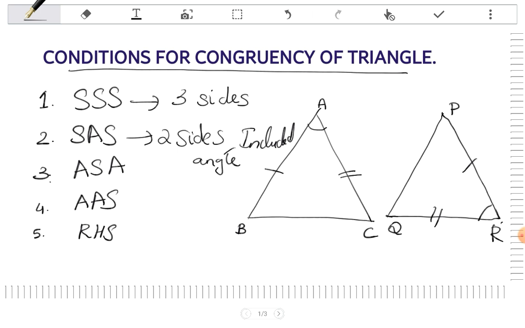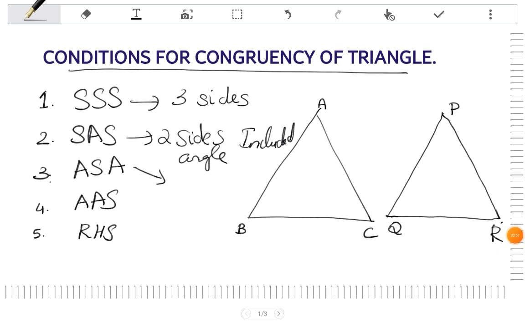Here angle A lies between sides AB and AC, so angle A is an included angle, and angle R also lies between sides PR and QR, so angle R is also an included angle. Hence we can say that these two triangles are congruent by the SAS condition.